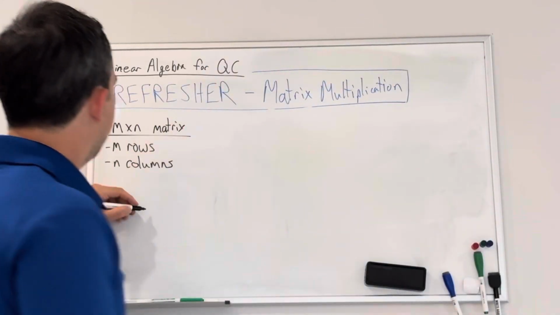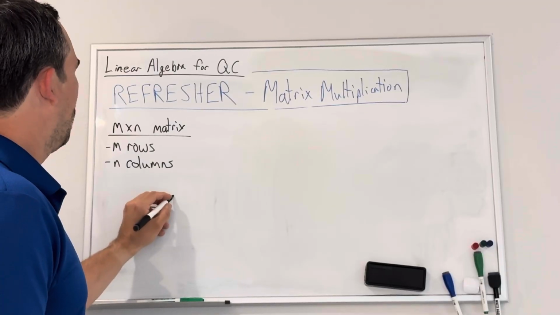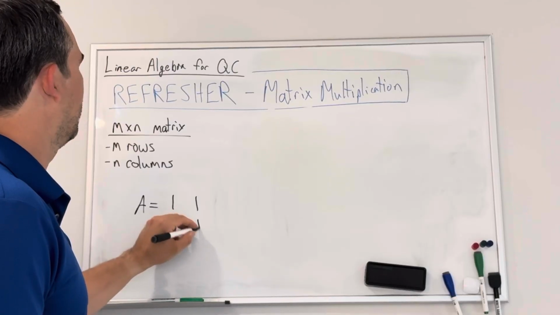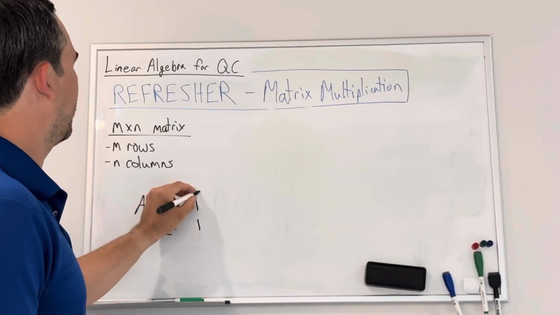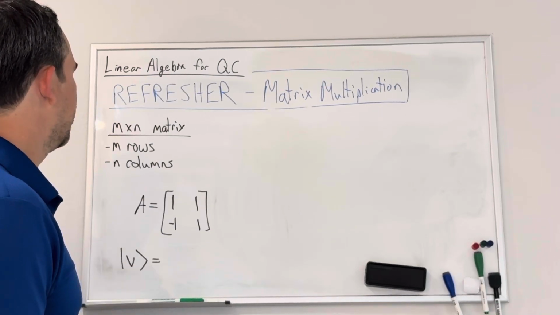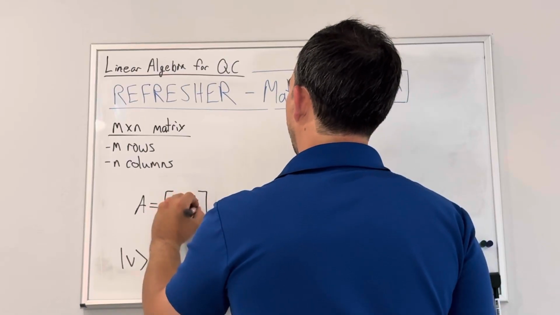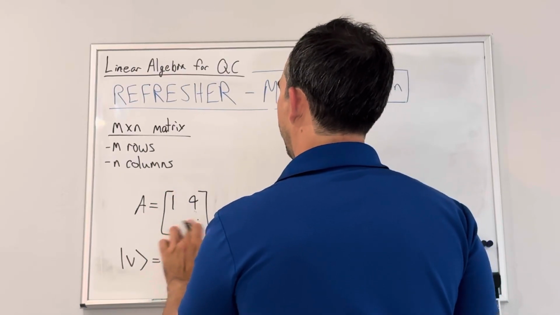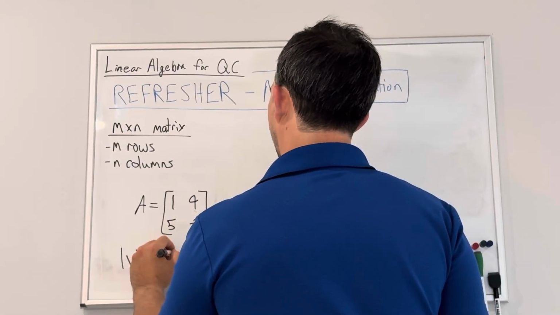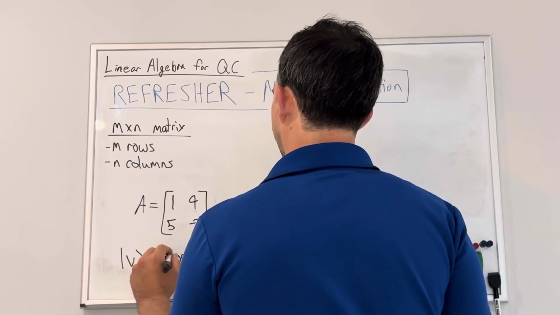Let's say I have matrix A, which is 1, 4, 5, -2, and my vector V is 100 and 10.